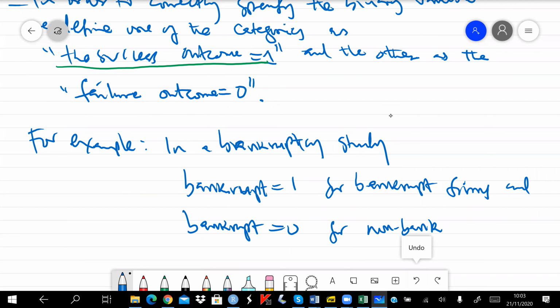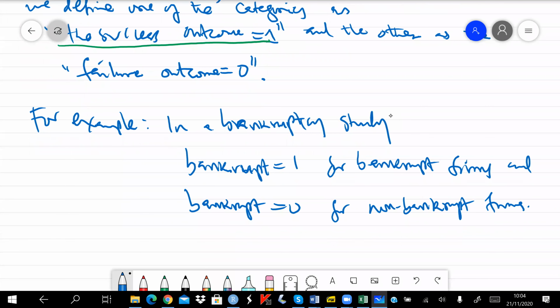The same case, in the case of, let's say, if you sit for an exam, you can say 1 for passing the exam and 0 for failing the exam, and so on and so forth. Okay.